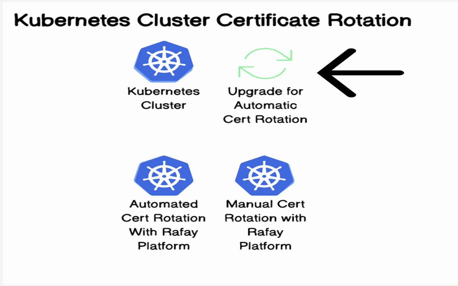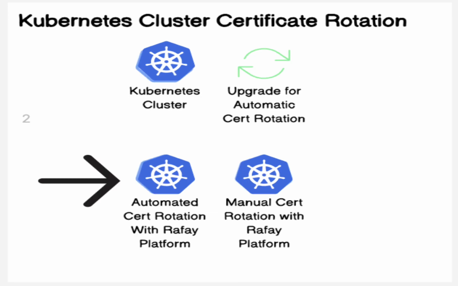As part of the upgrade, Kubernetes takes care of rotating your certificates, minimizing manual intervention. So when you're managing clusters through the Rafay platform and try upgrading those clusters, internally it makes sure that it updates all the Kubernetes certificates to avoid manual intervention.